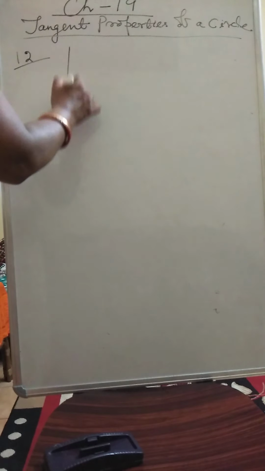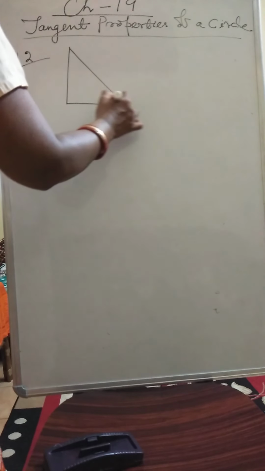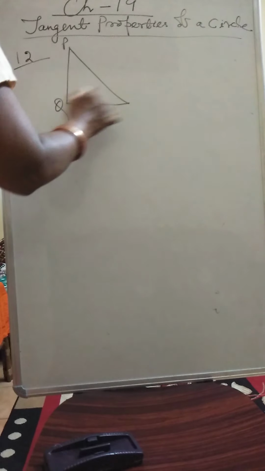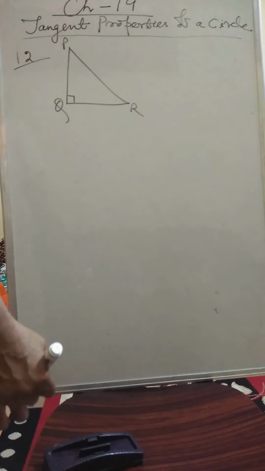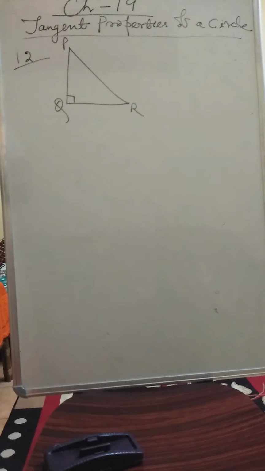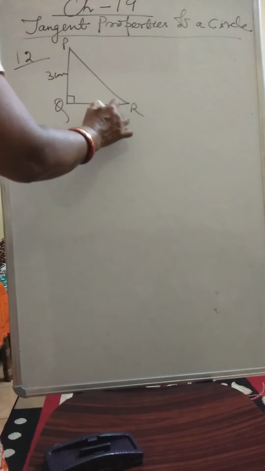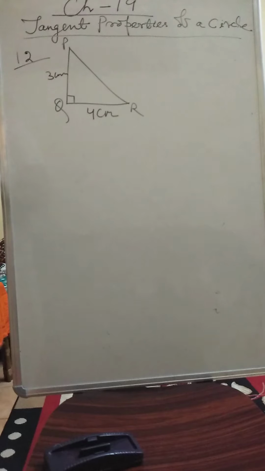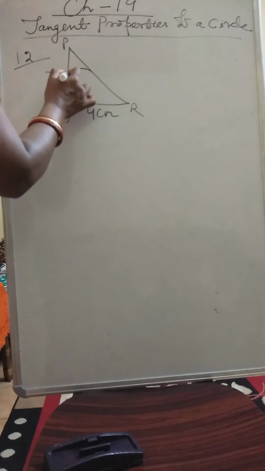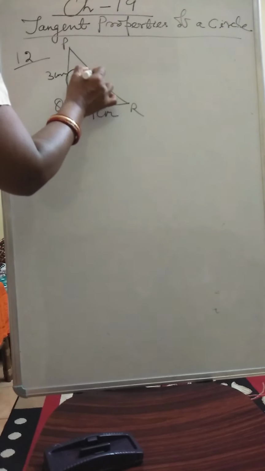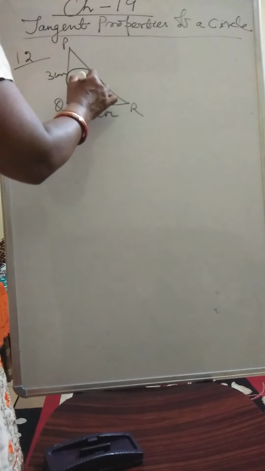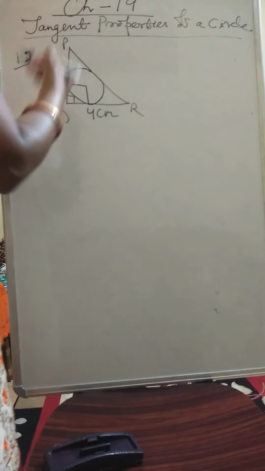PQR is a right angle triangle. PQ is equal to 3 centimeter. Then QR is 4 centimeter. We have to find out the radius of a circle which touches all the sides of the triangle, inscribed in the triangle.